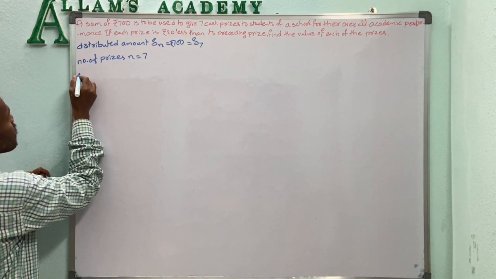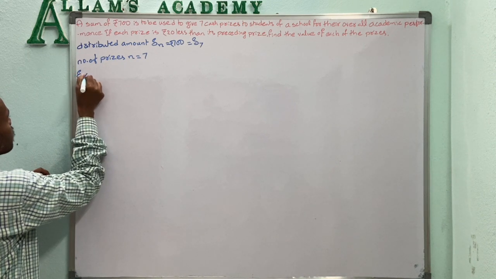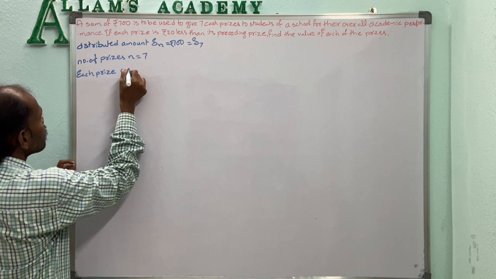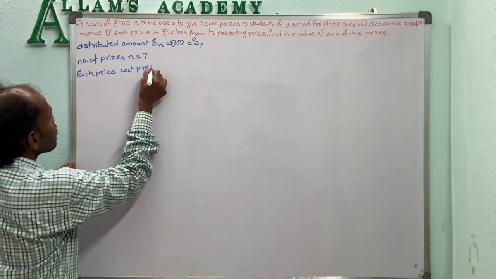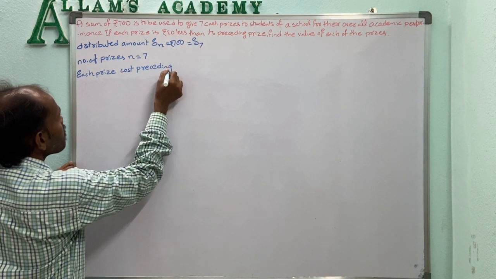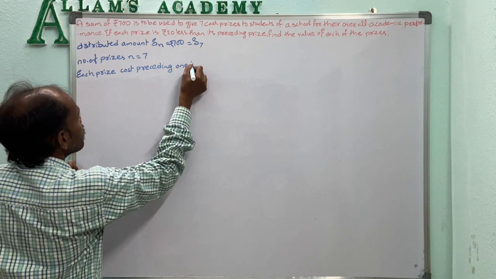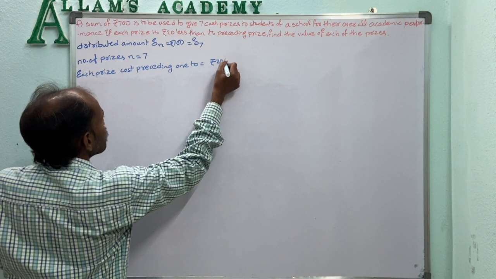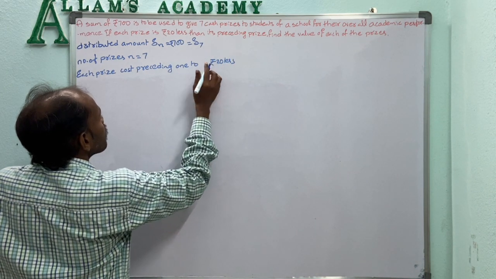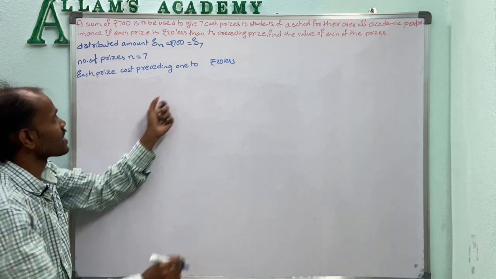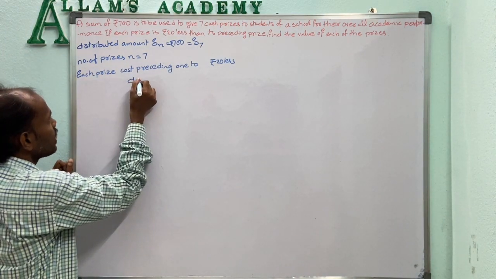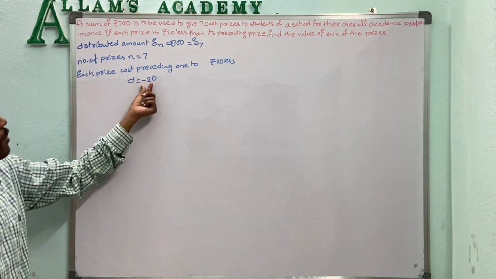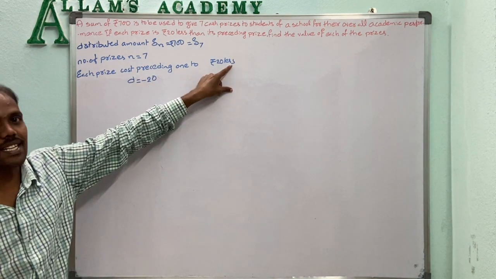So each prize costs 20 rupees less than the preceding one. That means we have to take the common difference equal to minus 20. Common difference d equal to minus 20. Why? Because less is given.